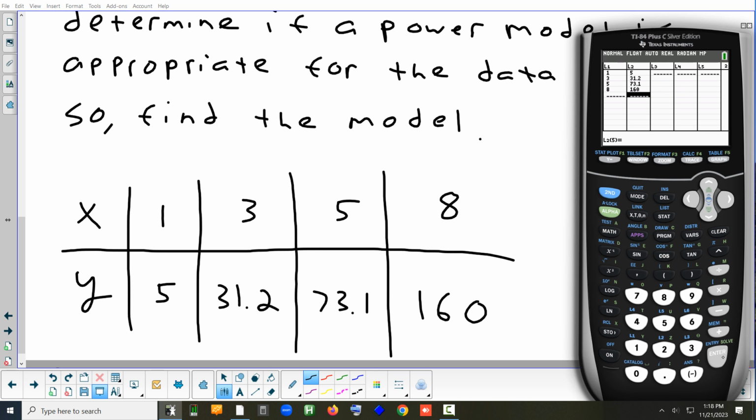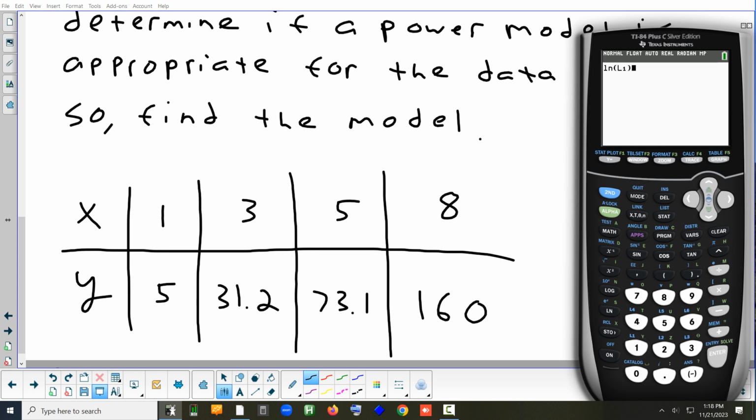And I want the natural log of every number in those lists. So what I'm going to do first is take the natural log of every number in L1 at the same time. The way you can do it is press ln, and then press second 1.